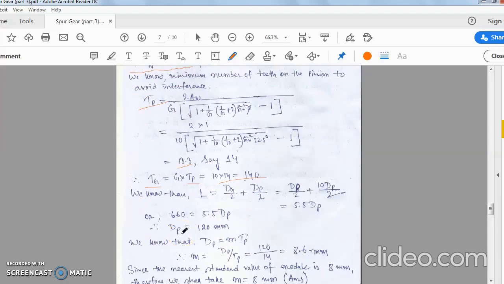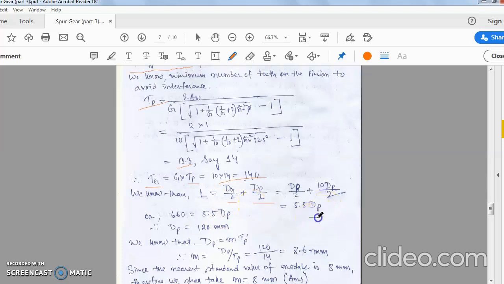Now, length. We know what I have told, the center distance between two gears is actually the summation of the radii of the two mating gears. Just look at the geometry. You can understand that when two mating gears are staying together, just touching at their perimeter, then the center distance between the two gears will be the summation of the radii of the gears, that means the radius of the gear plus the radius of the pinion.